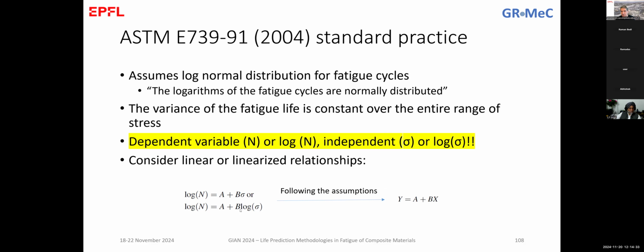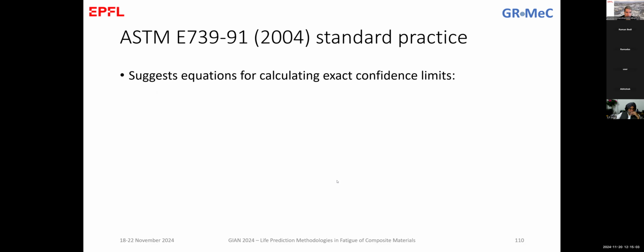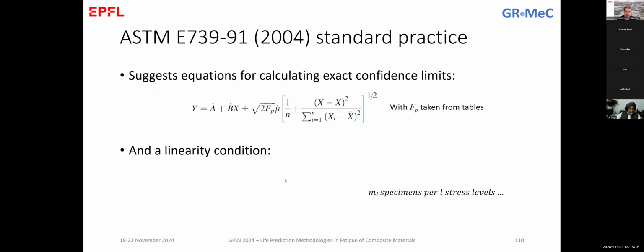For the estimation, it suggests using maximum likelihood estimators to estimate B and A, and it also recommends a specific equation for the variance, which, if you remember what we mentioned in advance, is assumed constant. You have to calculate it like that. And then if you have all this, you have an equation for the confidence limits. So you remember the two lines that we draw on top and bottom, and the linearity condition.